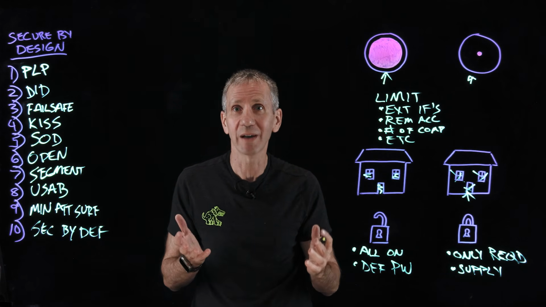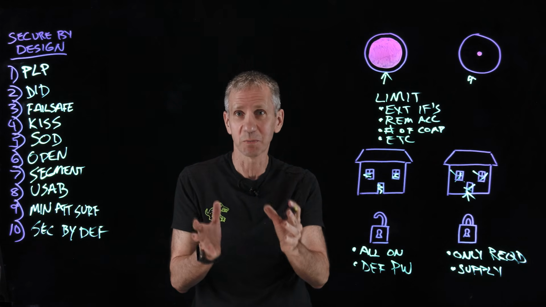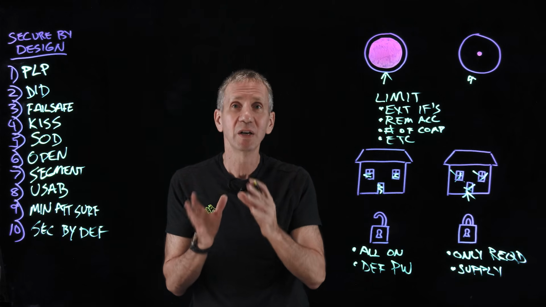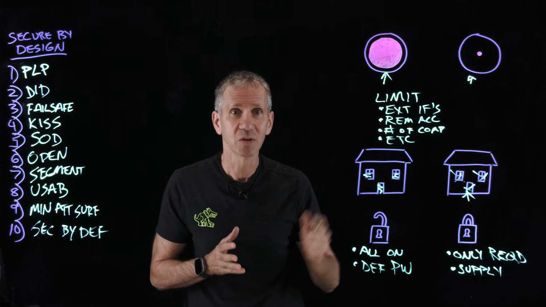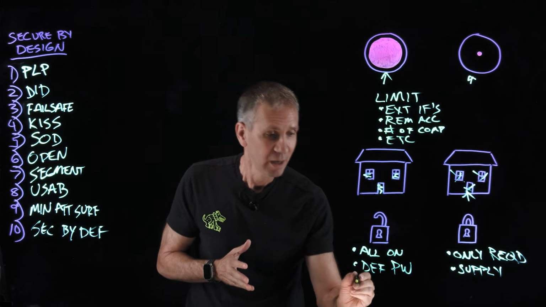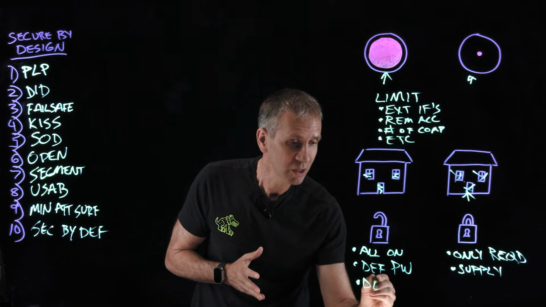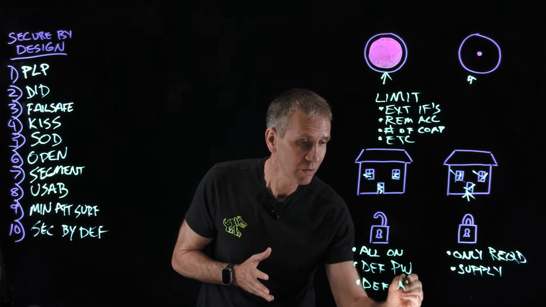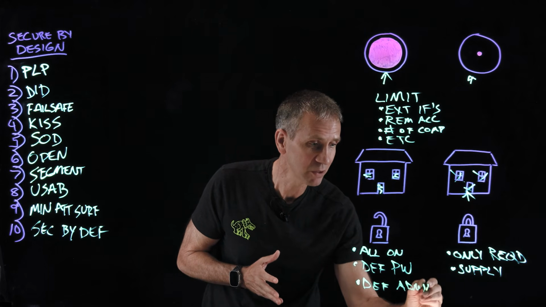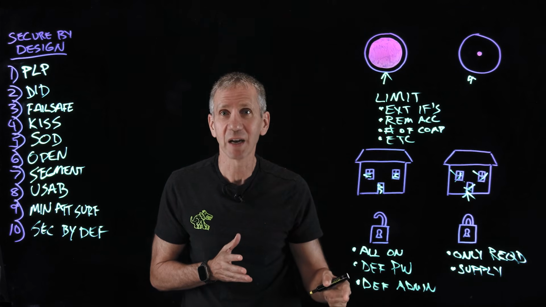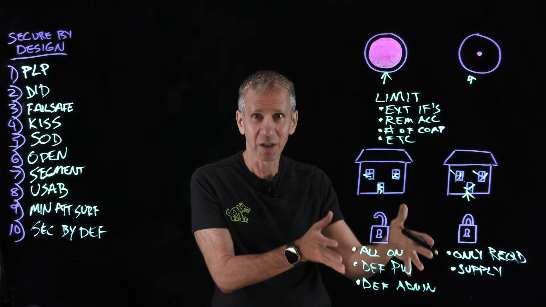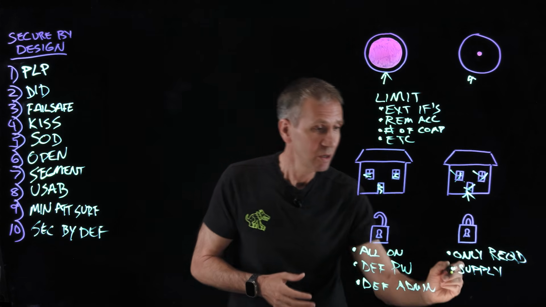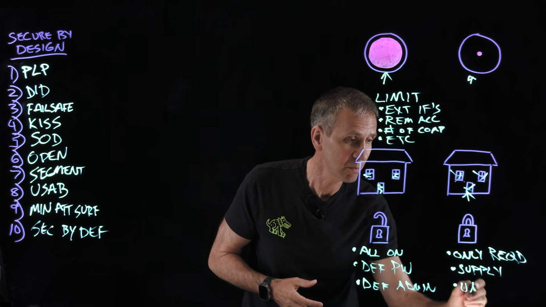Otherwise, someone can just go out and figure out what's the default password for this particular device and assume that people have not changed that password, and then they'll be able to get into all of those. So we're going to make it a must supply. How about default IDs? Especially if those IDs are the administrator ID, the super sensitive stuff. If it's an admin ID, maybe I want to make it so that when you actually configure and install the system, you have to pick a different name for that.